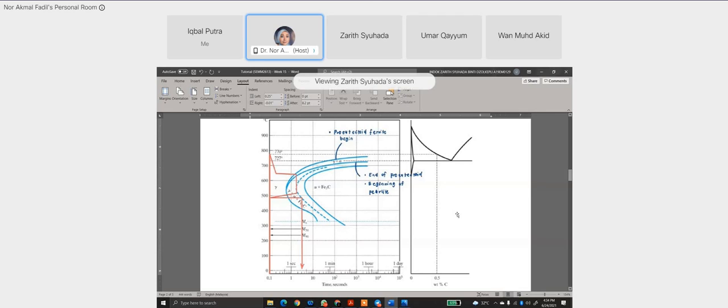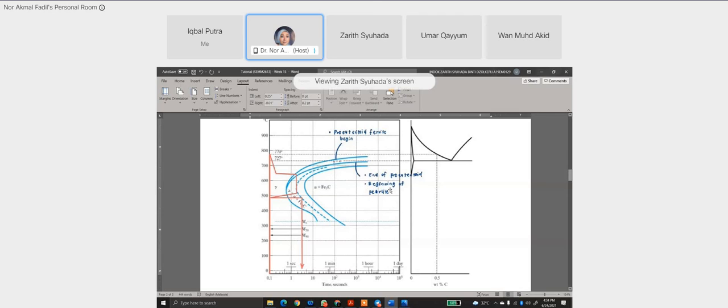So maksudnya kalau you nak dapat maximum proeutectoid punya percentage, you akan dapat if you quench to around just likely 727 lah, mungkin 700 ke atau 710 ke, and then you soak until 20 second ke, 30 second ke, even 100 second pun tak apa, and then you cool at room temperature, the remaining austenite will turn into pearlite.